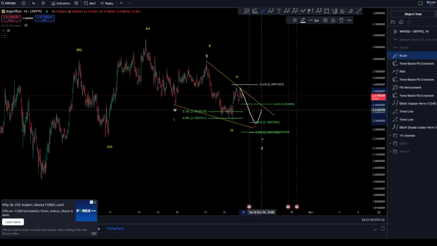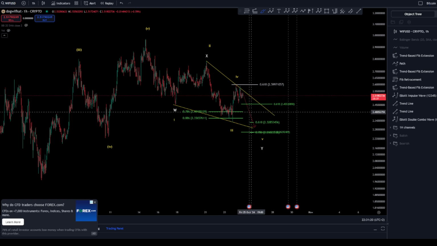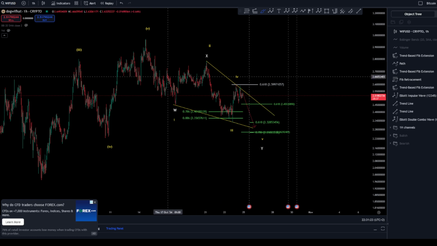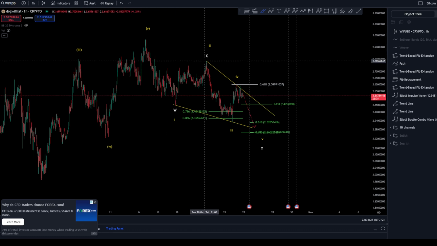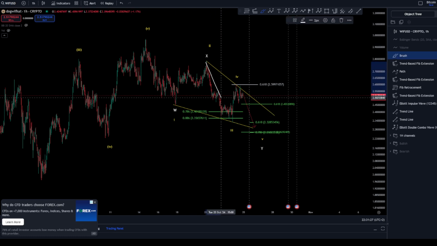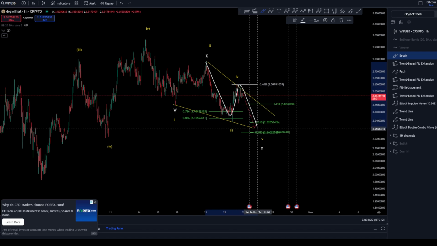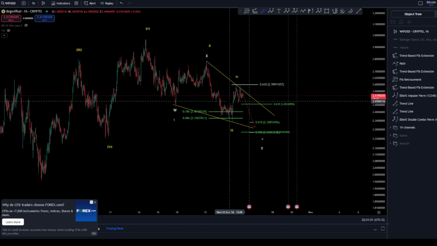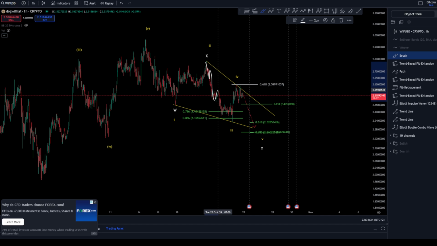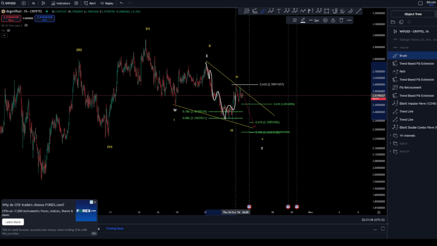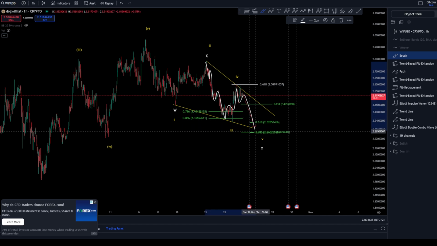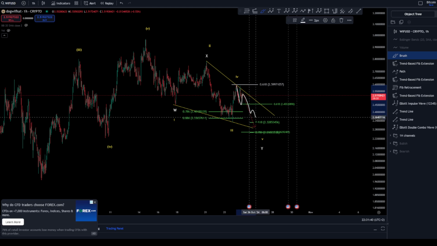Your wave Y, by the way, is not necessarily a zigzag, yeah, so it can be as well a WX, and if this is a leg from your Y here, yeah, okay, here if we have a 3, 4, 5 and then we have 3, then okay, we are looking for an impulse here, guys.